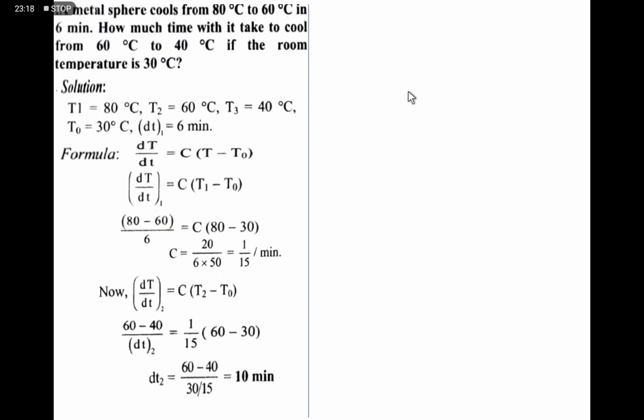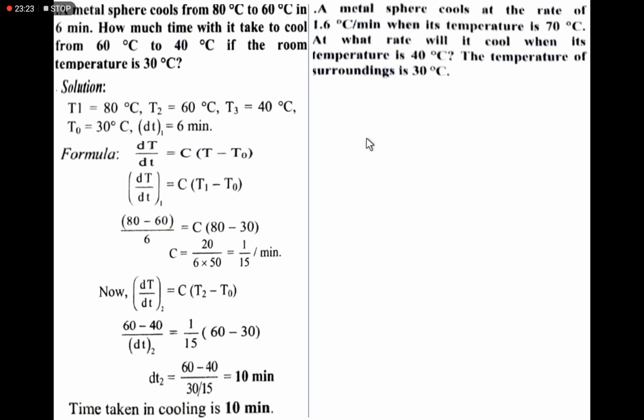Now one more problem is there on Newton's law of cooling. It is a different type of problem. A metal sphere cools at the rate of 1.6 degrees Celsius per minute when its temperature is 70 degrees Celsius. At what rate will it cool when its temperature is 40 degrees Celsius?